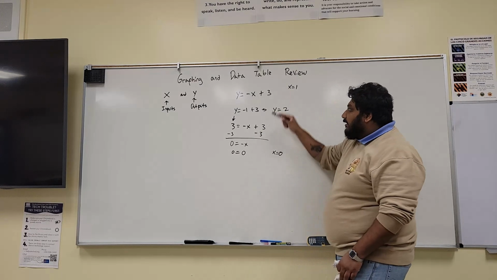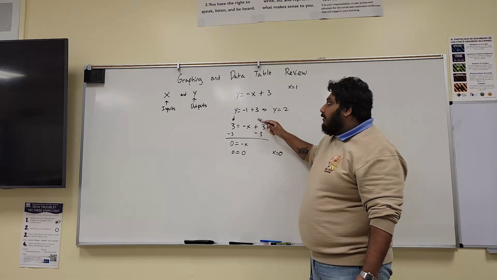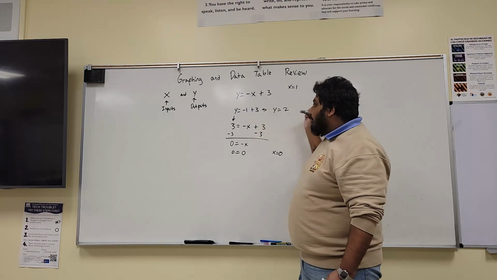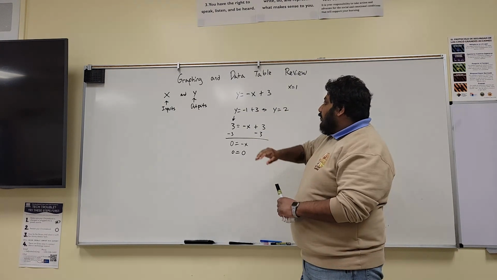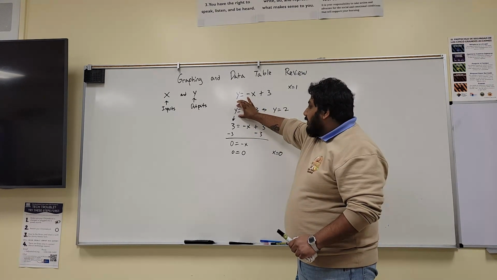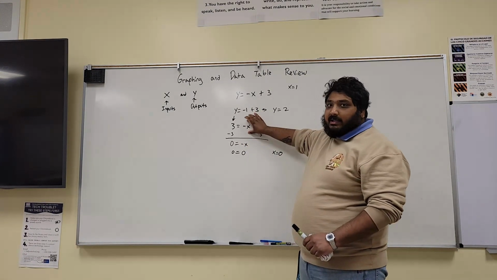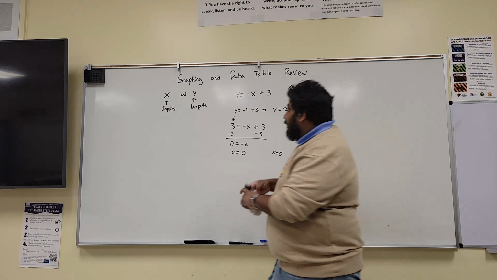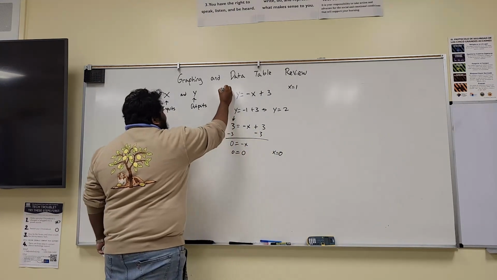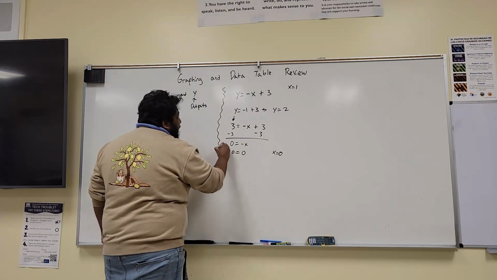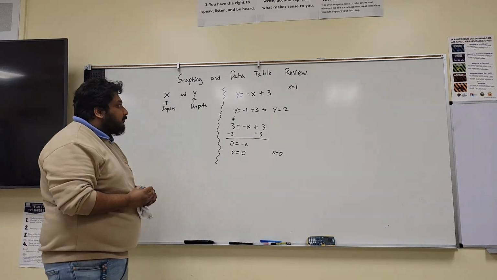And what happens over here is we're just solving for different variables. So there's no real input or output. It's just, hey, we're missing something over here and we need to solve for it, or we're missing something over here and we need to solve for it. So even though they use the same variables, they're kind of different.